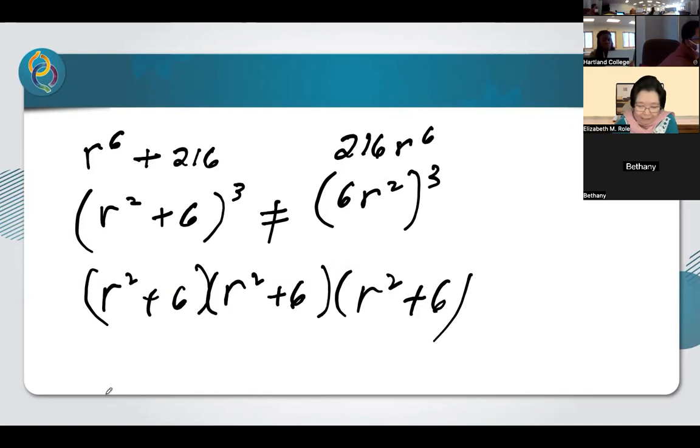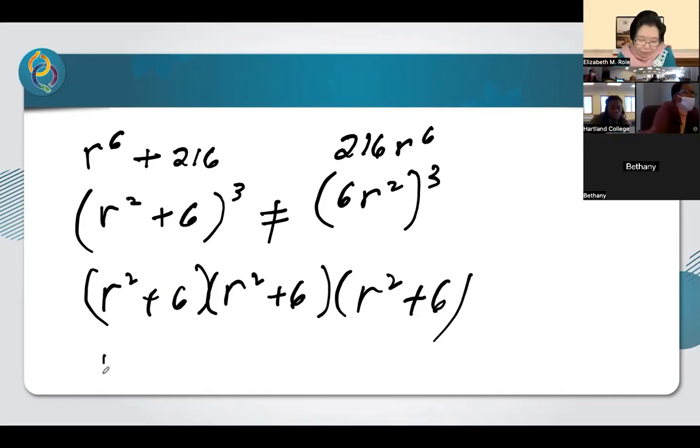No. So what I'm saying is, for r to the 6 plus 216, if I want that factored, we call this sum of cubes. All right? So therefore, you extract the cube root of r to the 6, which is r squared. The cube root of 216 is 6.